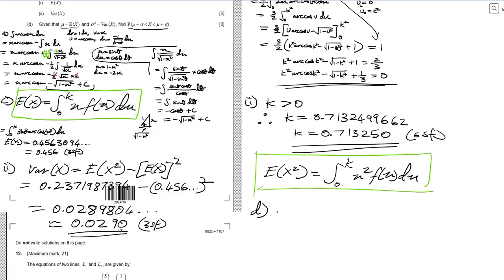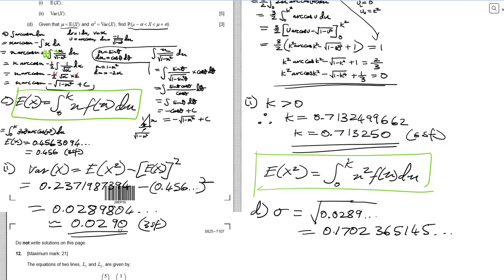So let's go D. Our standard deviation is equal to the square root of our variance, which is 0.02. Let's use our stored value, and that is, we do that quickly, root answer, that is 0.1702365,145.